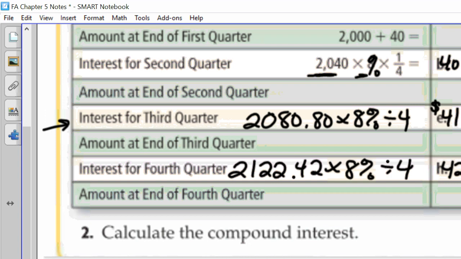Okay, and then the last question is calculate the compound interest. So this will be you. So we have in our account chilling right now $2,164.87. What did we put in originally? 2,000. Yeah, 2,000. So we subtract that out.